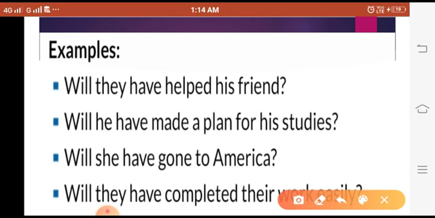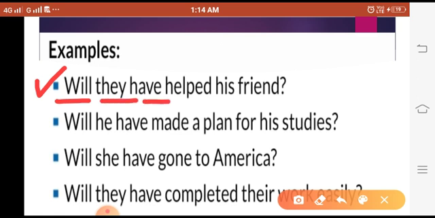Now a few examples of interrogative sentences of future perfect tense are given here. Let's discuss them. Will they have helped his friend? Will, helping verb. They, subject.